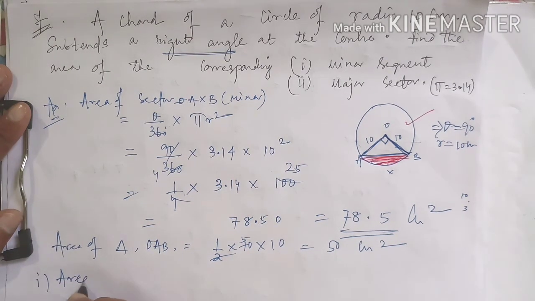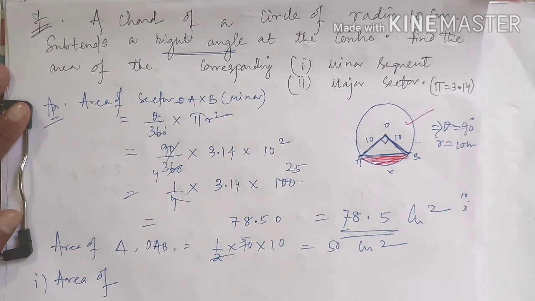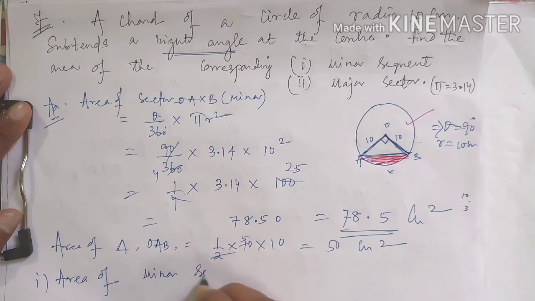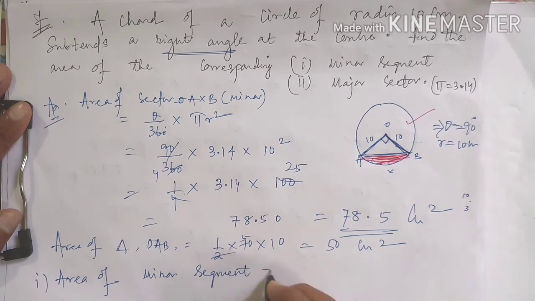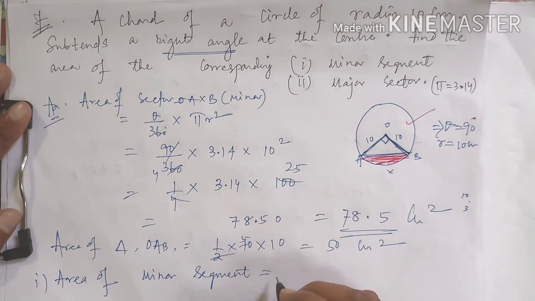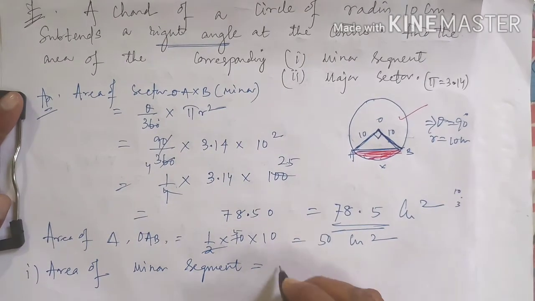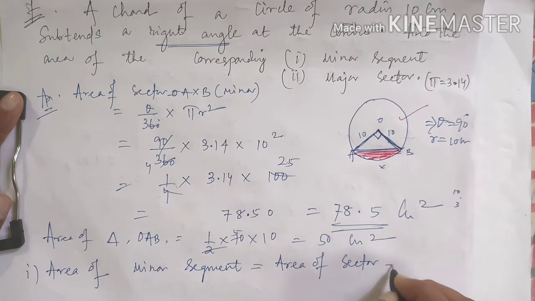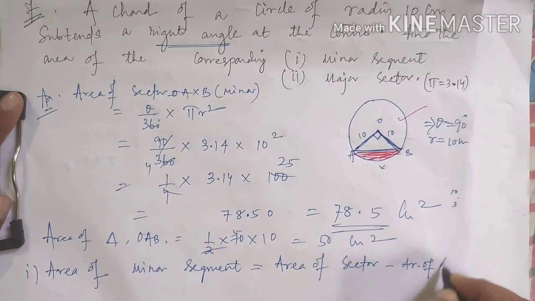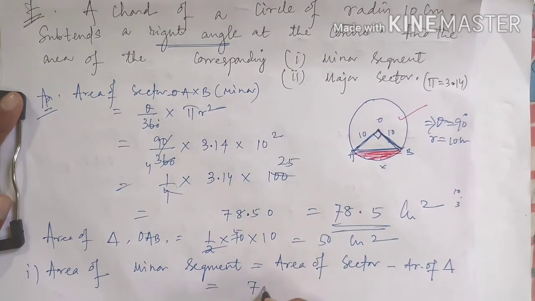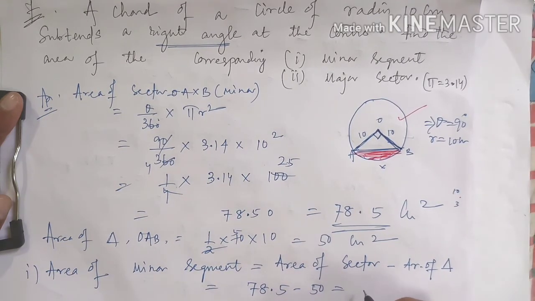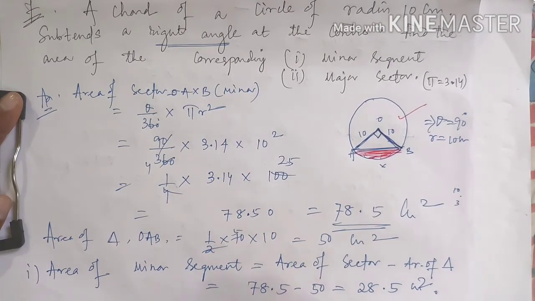First bit, area of minor segment equal to area of sector minus area of triangle, and it is 78.5 minus 50. It is 28.5 square centimeter.